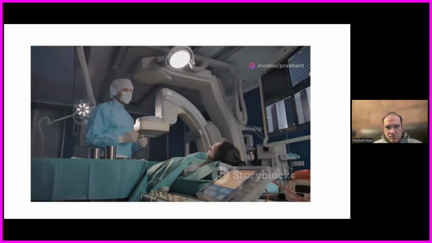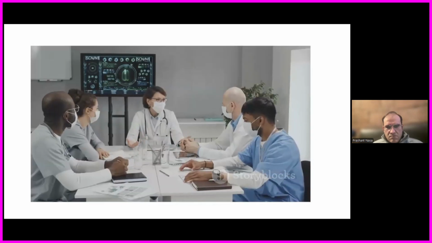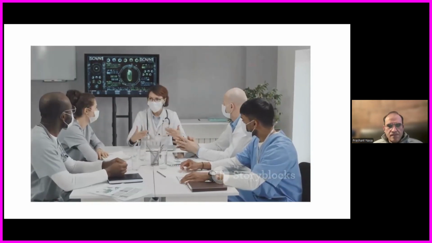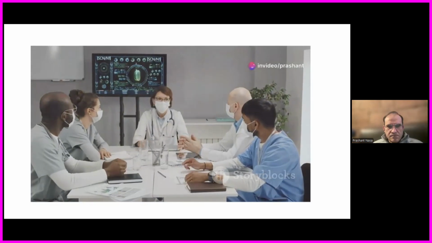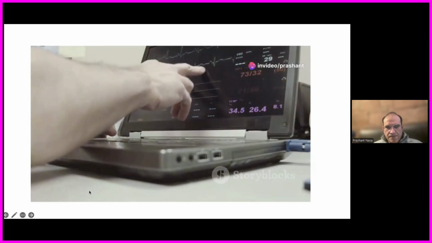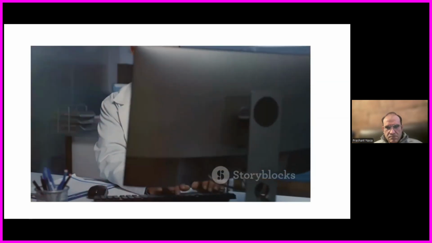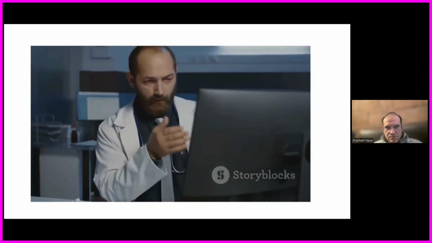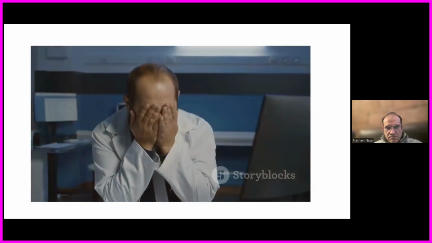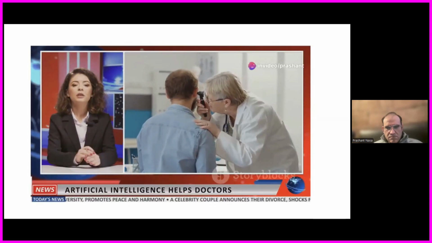Fluid management is critical in patient care, especially for those in critical conditions or undergoing surgery. Mismanagement can lead to complications like fluid overload, dehydration, and even organ failure. The traditional methods rely heavily on manual monitoring and the clinician's judgment. While effective, these methods can be time-consuming and sometimes prone to error.